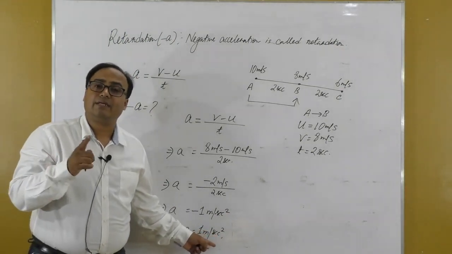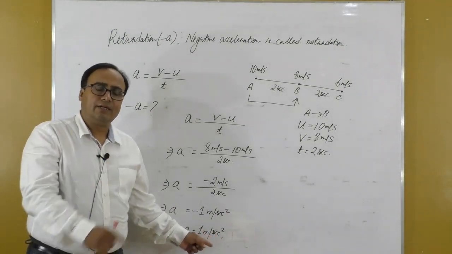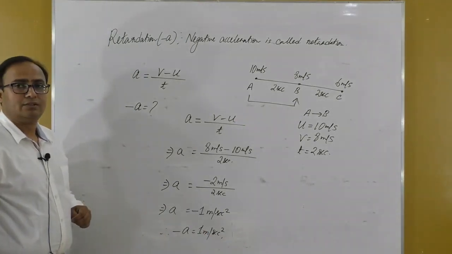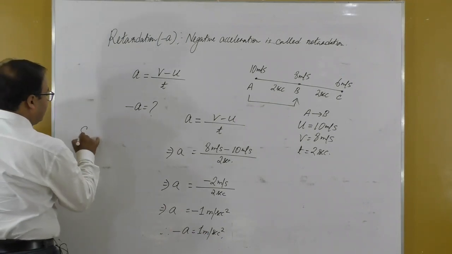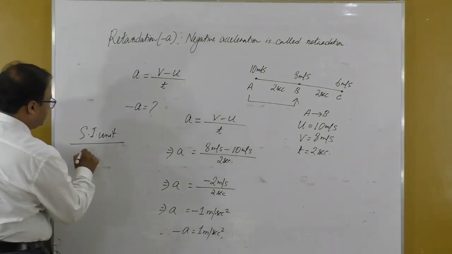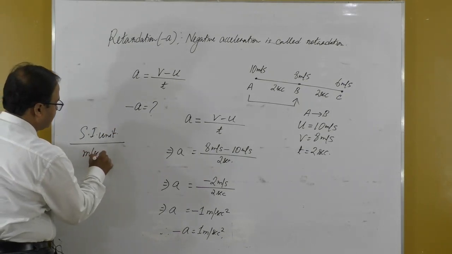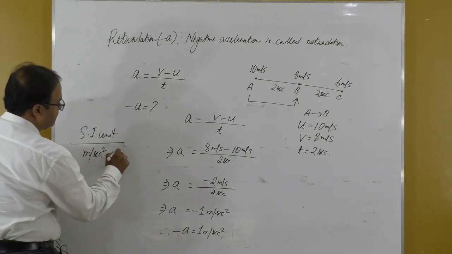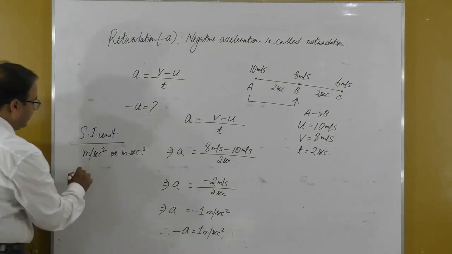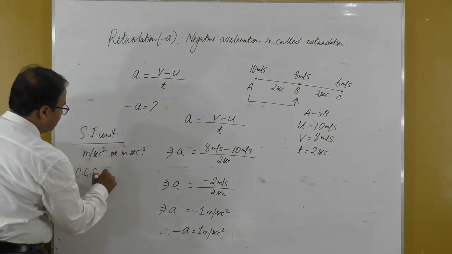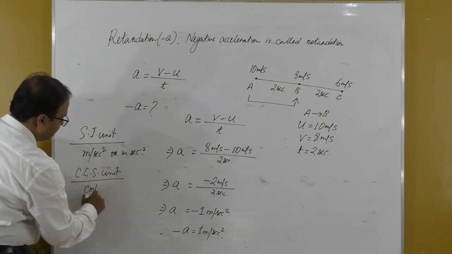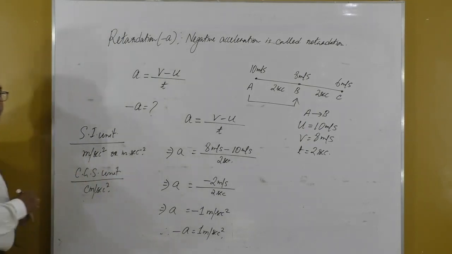So to calculate retardation, what are you going to find? You are going to find minus a by using the formula. Its SI unit is meter per second square, which can also be written as meter second to the power minus 2. The CGS unit of retardation is centimeter per second square.